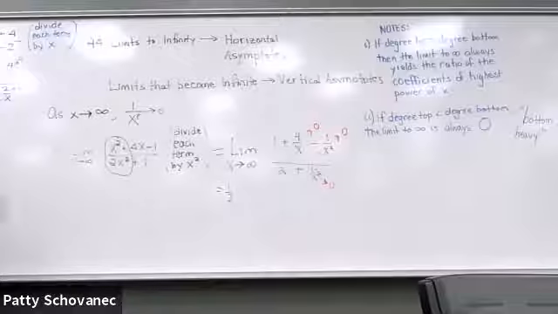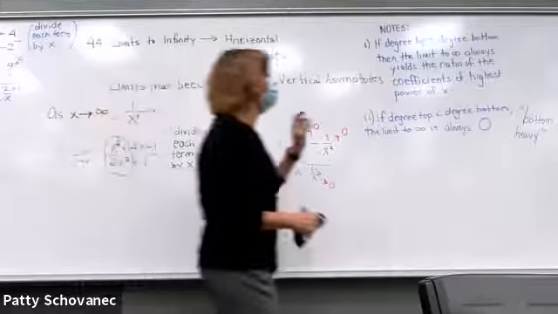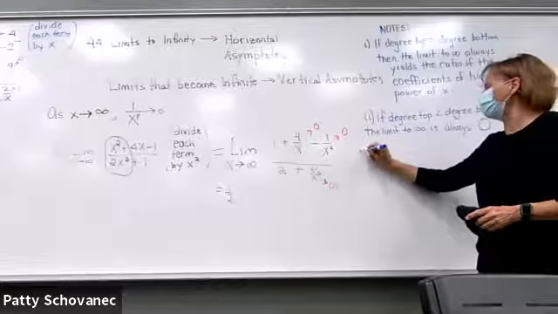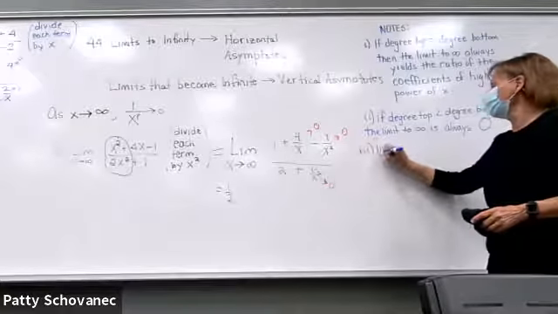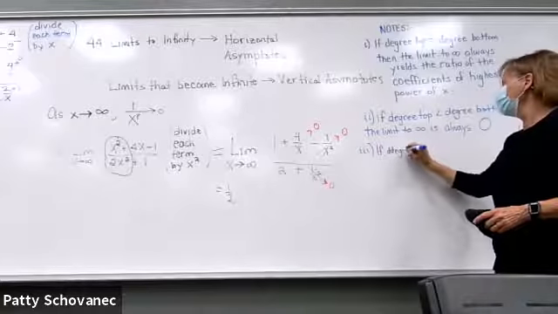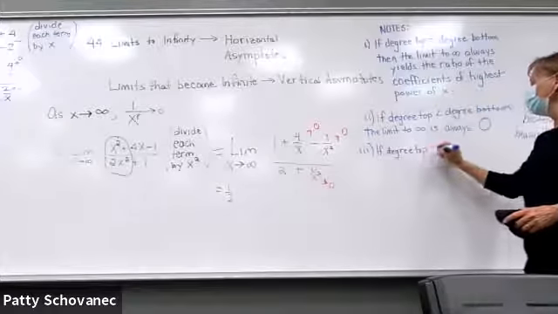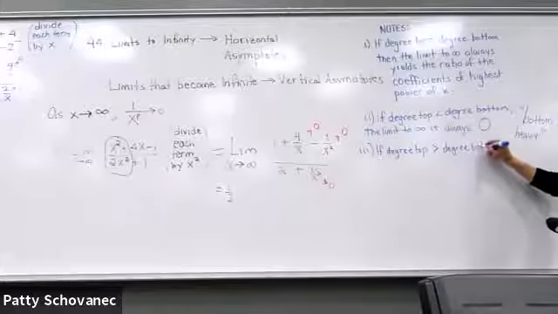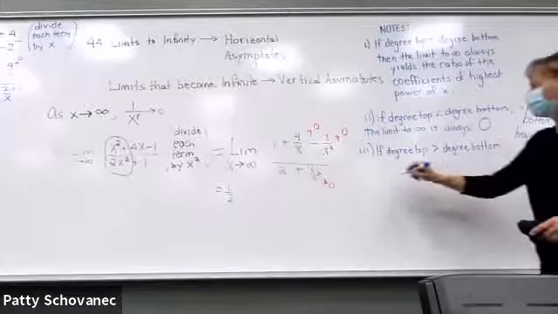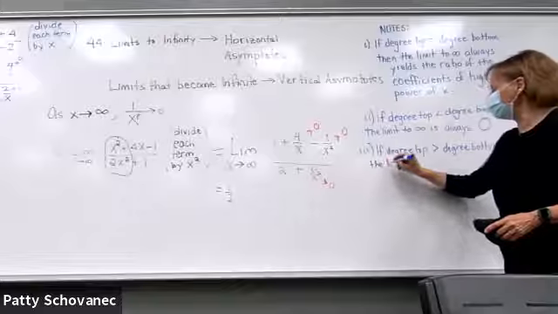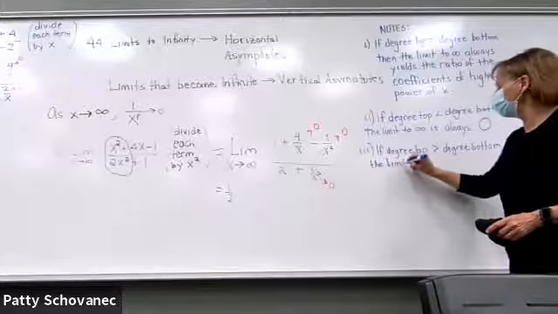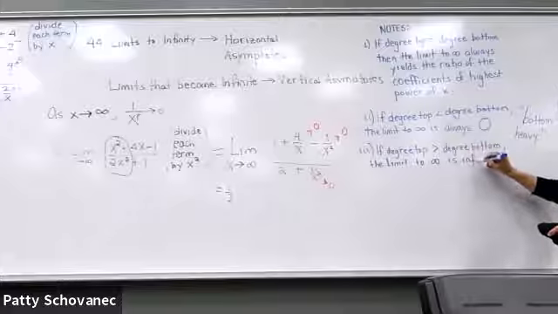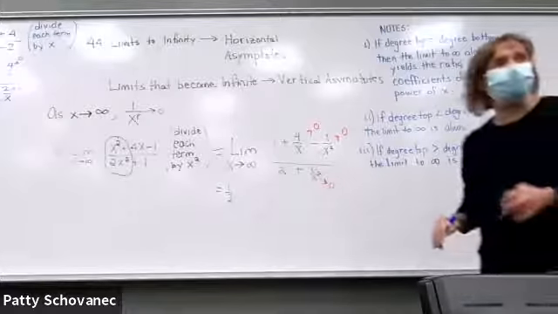So if the degree on the top is bigger than the degree on the bottom, a top-heavy fraction, the limit to infinity is infinite. Either it goes to plus infinity or minus infinity.